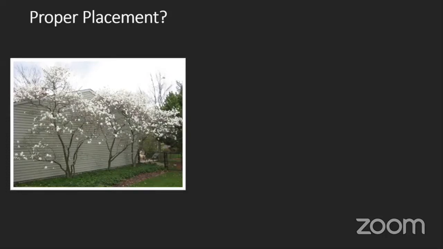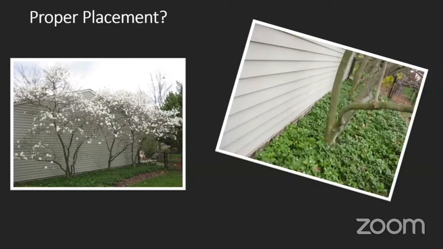Now, this was an example of some beautiful star magnolias that were planted several years ago. Great place for them, no windows, and obviously the trees help to bring the scale of the building down. But the problem is they're just a little too close, and the tree owner complained of a potential issue with the foundation.